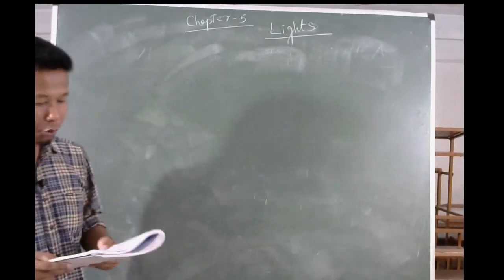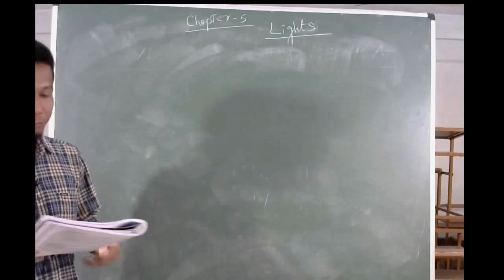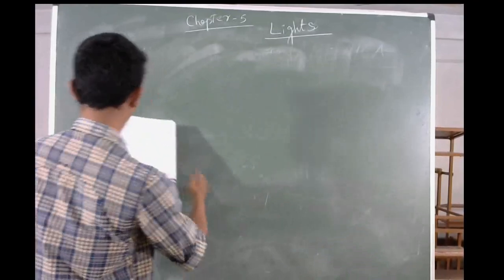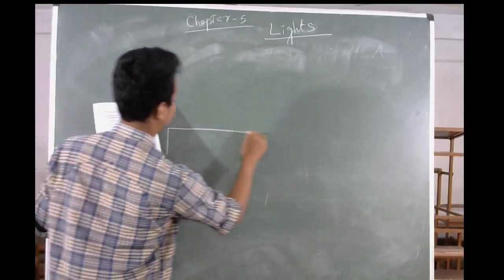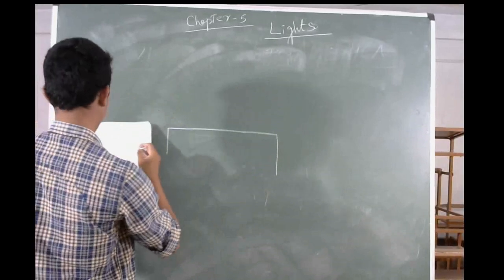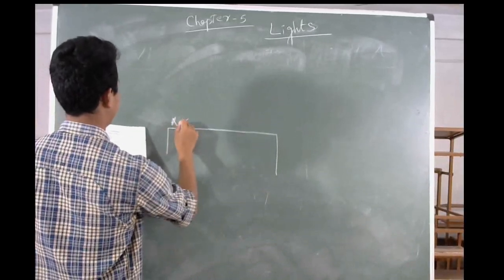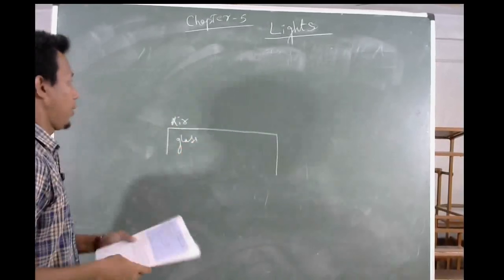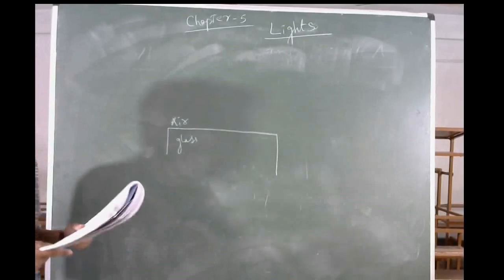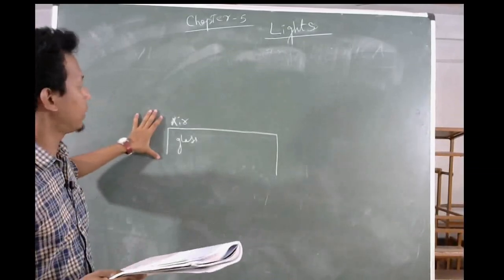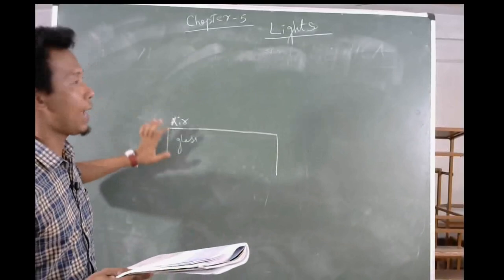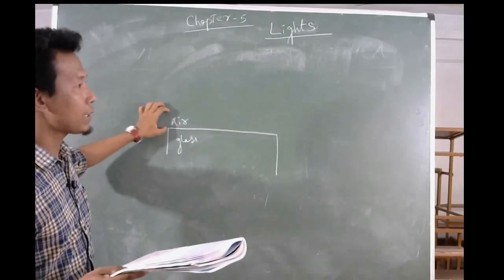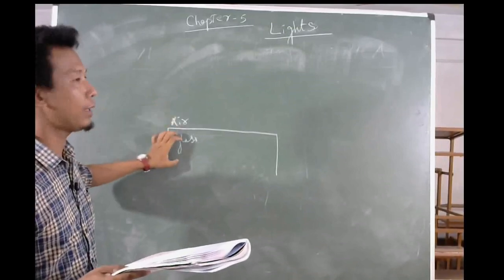Okay, next we are going to see the properties of refraction. Again, we are going to take two media, that is air and glass. Okay, air and glass. So air is an optically rarer medium than glass.